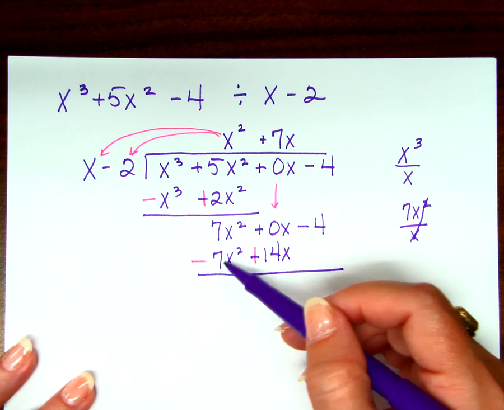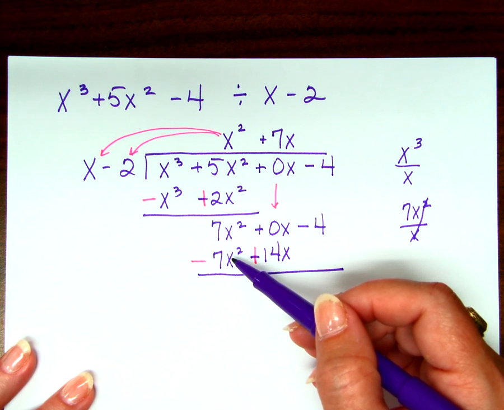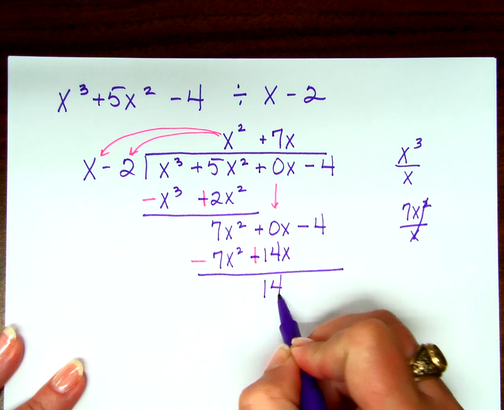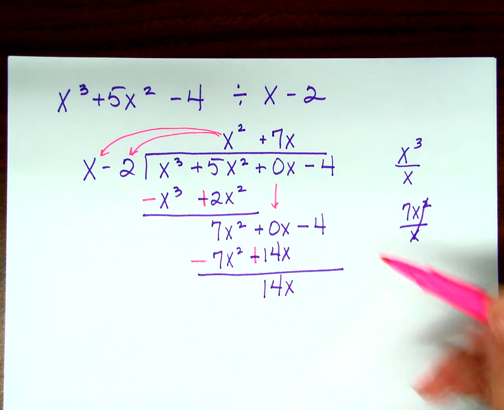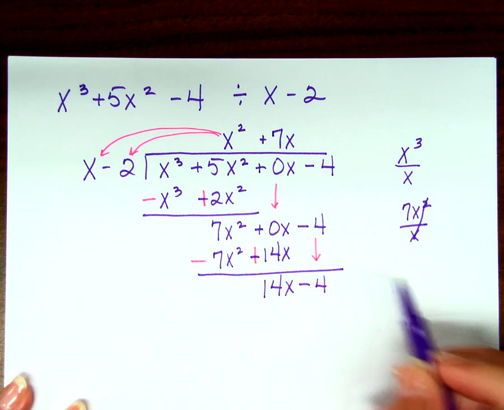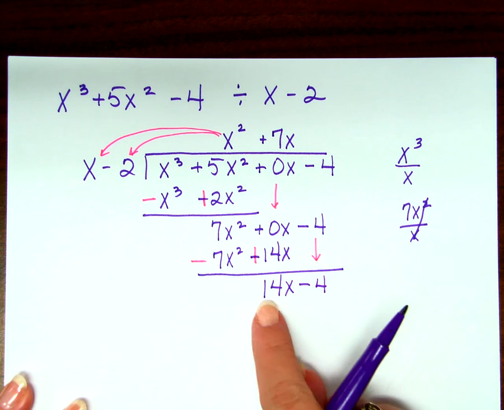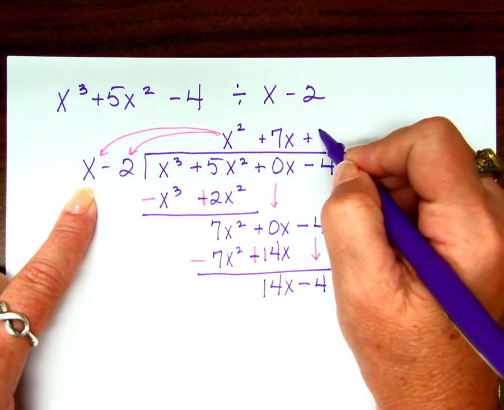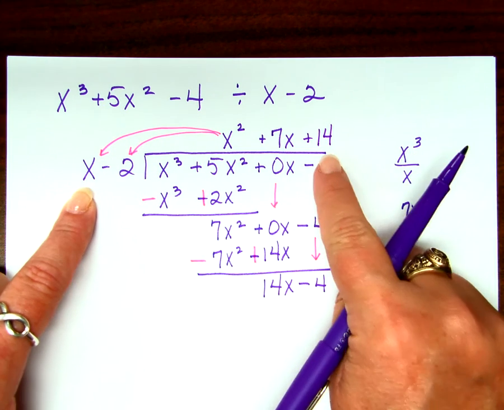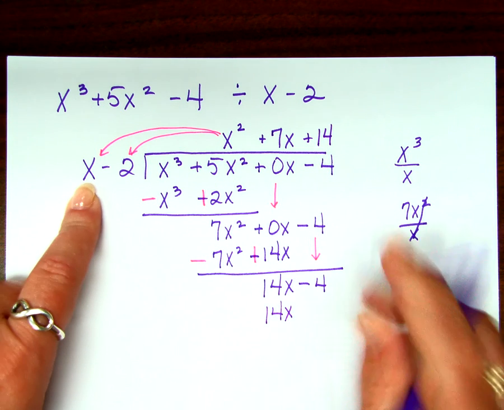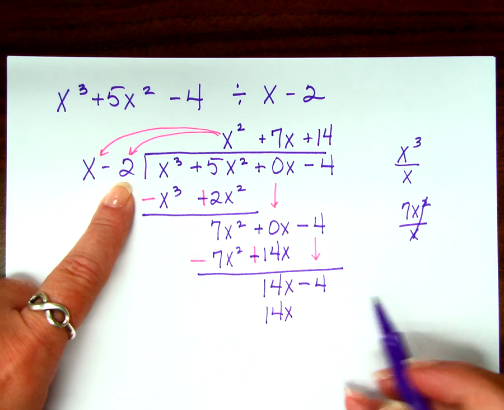7x squared minus 7x squared? 0. 0x and 14x. And then, bring down the 4, right? And now, start again. 14x divided by x. 14, now that's right. 14 times x. 14 times negative 2.